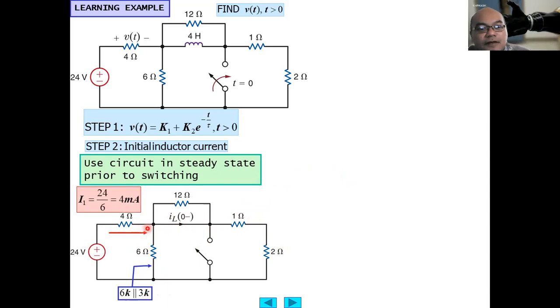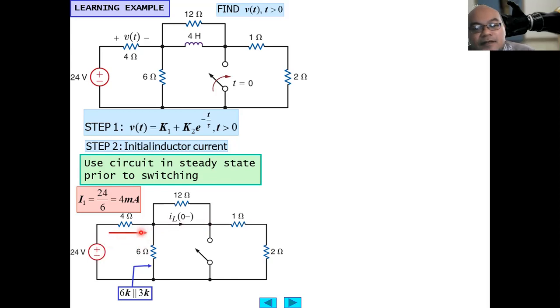So the equivalent is 6 times 3, 18 divided by 9, 2 kilo ohm. It means there is no current flowing through the 12 ohm resistor, because this is already short circuited.